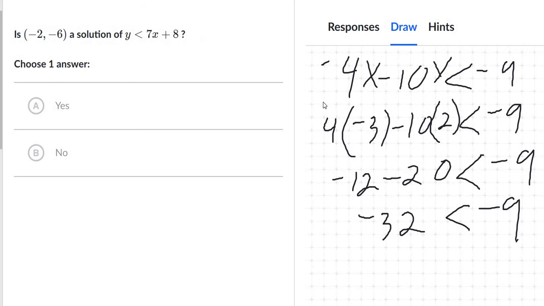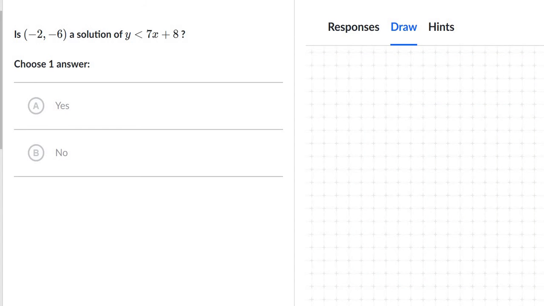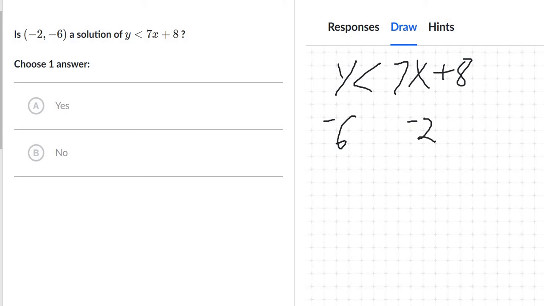I think this will be the last one. Y is less than 7x plus 8. So careful not to mix them up. Y is negative 6, X is negative 2.